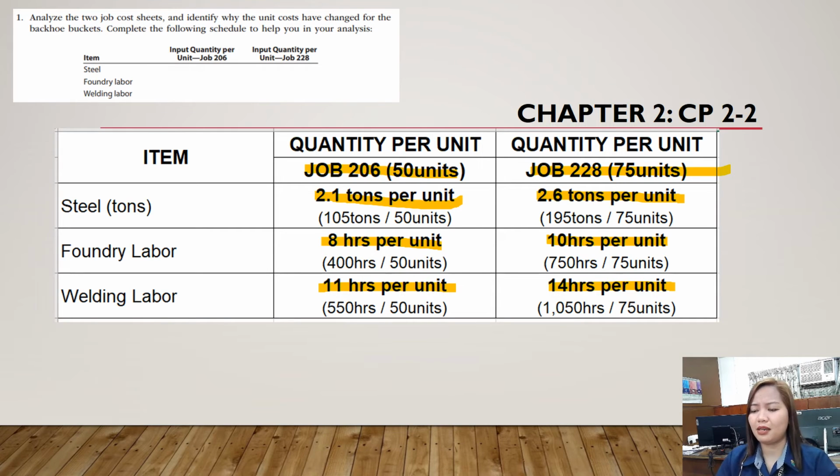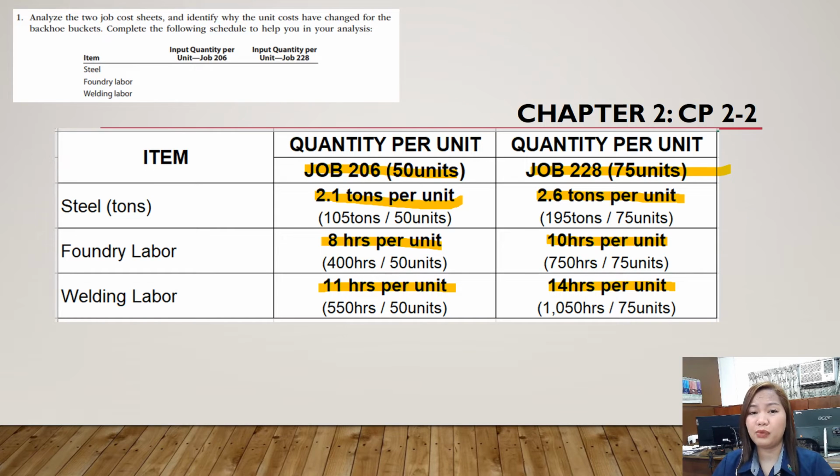So as we can see here, in job 206, the tons of steel used per unit is 2.1 per unit. Approaching job 228, 2.6 tons per unit of steel were used. So there really is an increase. And for the foundry labor, from 8 hours per unit, it became 10 hours per unit.